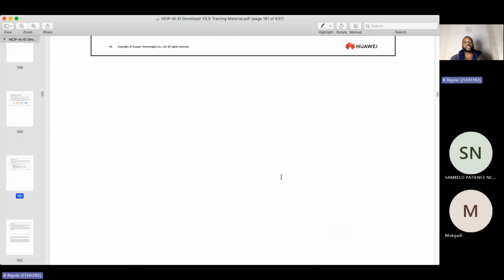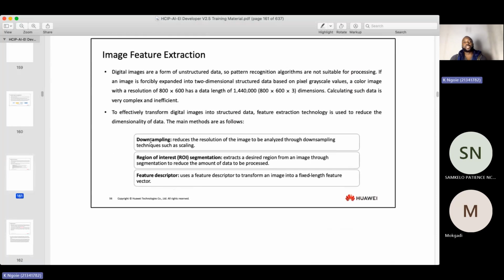So we have downsampling. Downsampling means that we reduce the resolution of images to be analyzed, such as scaling. This is when we are still pre-processing the data, so we can do downsampling, or we can also look at region of interest segmentation.